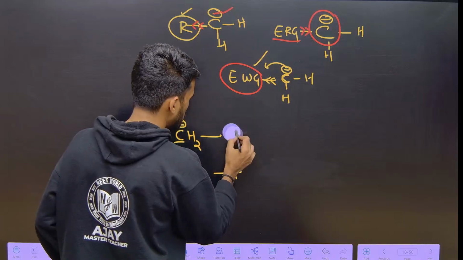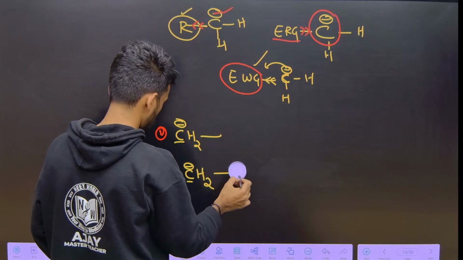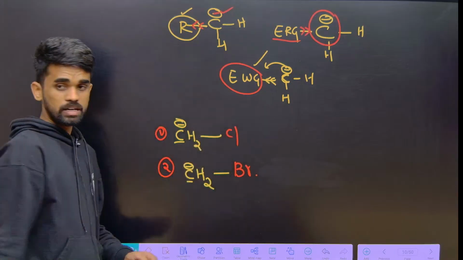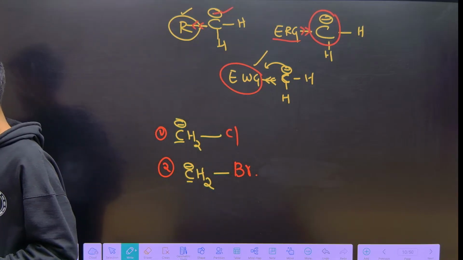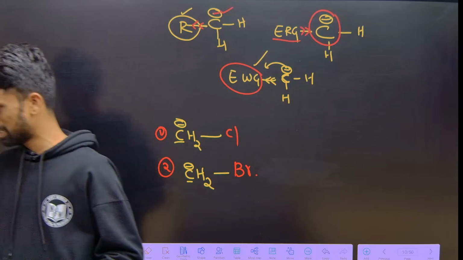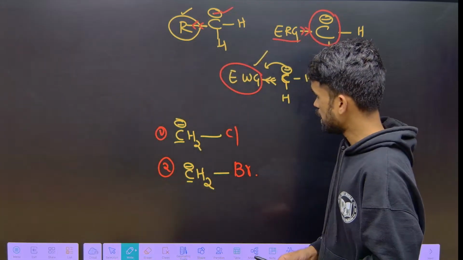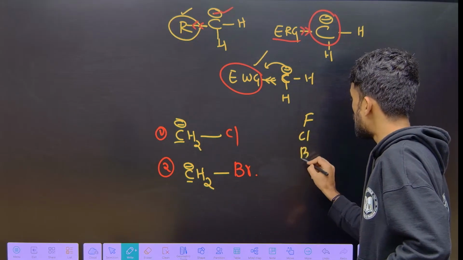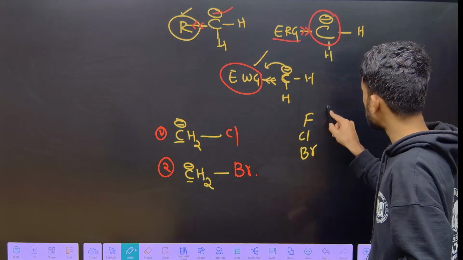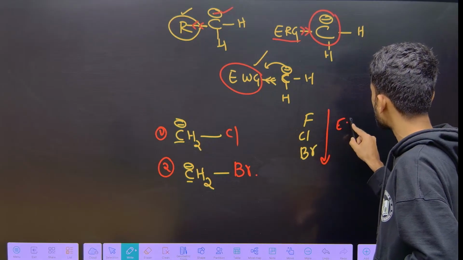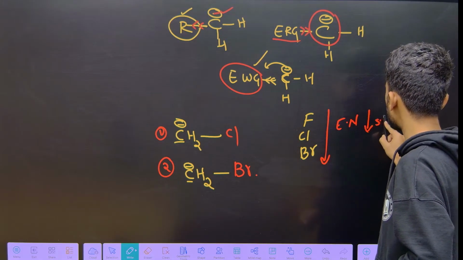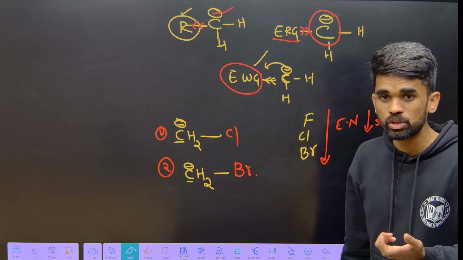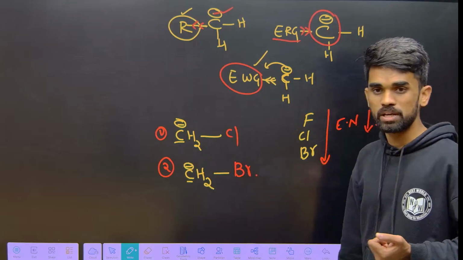Otherwise, take chlorine and bromine here. Tell me, in this case, understand it in a better way. Fluorine, chlorine, bromine belong to the same group. Down the group, what happens to electronegativity? It decreases. So which is more electronegative, chlorine or bromine?